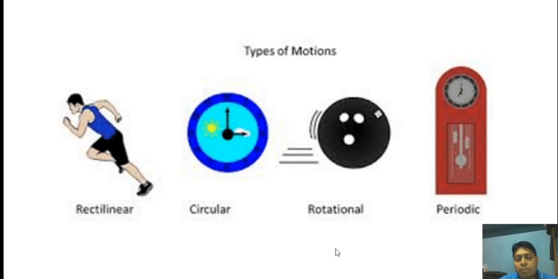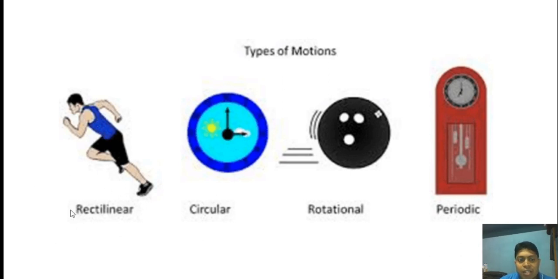Now, as the chapter name is motion, there are some images here showing different types of motion: rectilinear motion, circular motion, rotational motion, and periodic motion. The question always comes to your mind: if there are different types of motion, what do you mean by rectilinear motion? From the figure you can understand, it means linear motion.